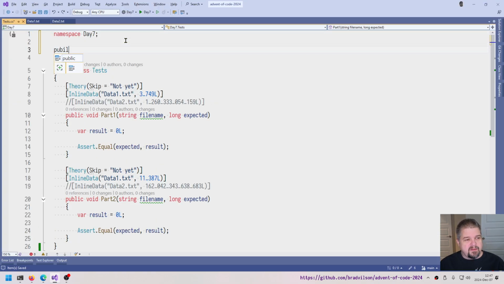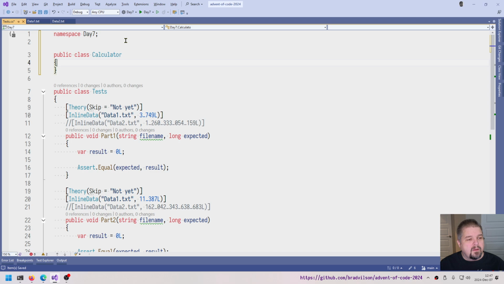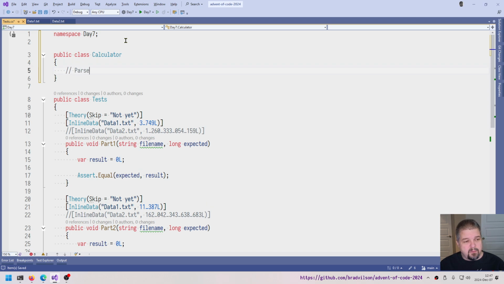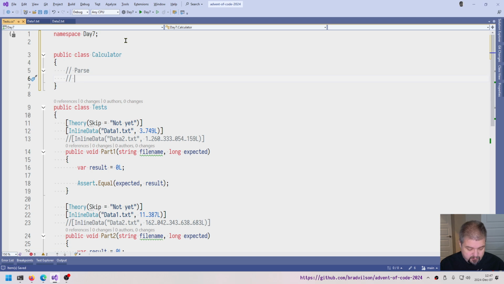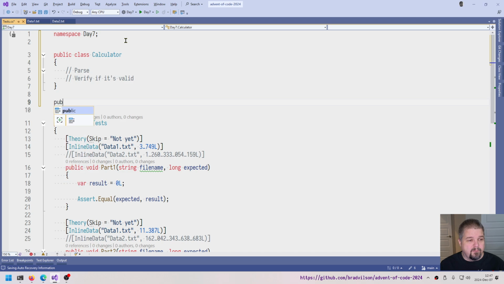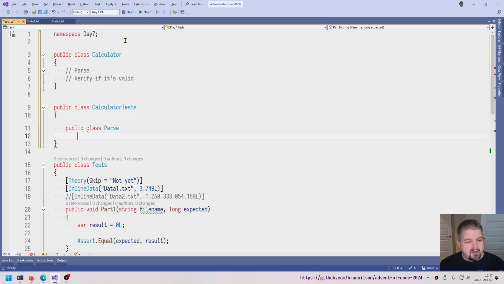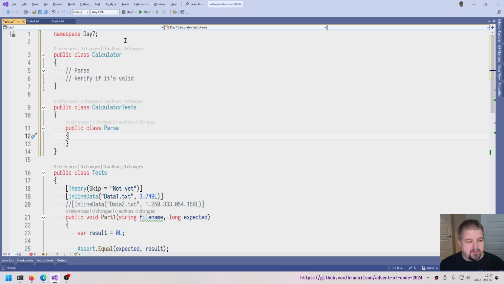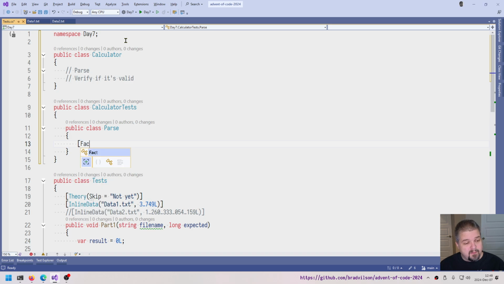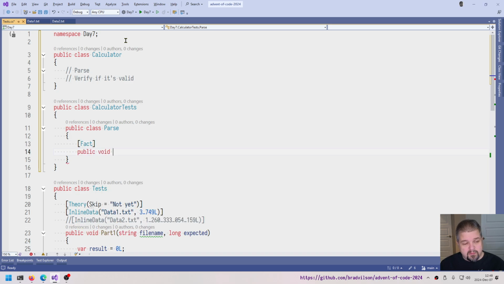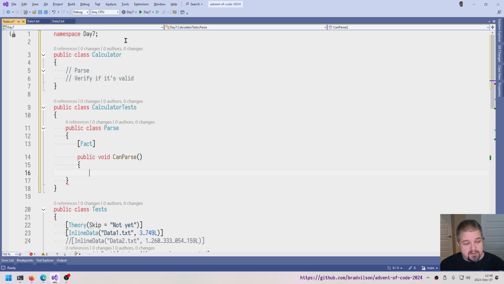We're going to want, I think, our friend, the calculator. And what do we want to do here? We're going to need to parse, and we're going to need to verify if it's valid. That's pretty much it, right? So let's start with the calculator tests. I'm going to structure these like I like to, so that if I group them, I group them with subclasses. So we'll start with, can you parse something?